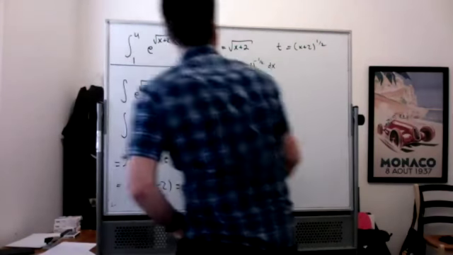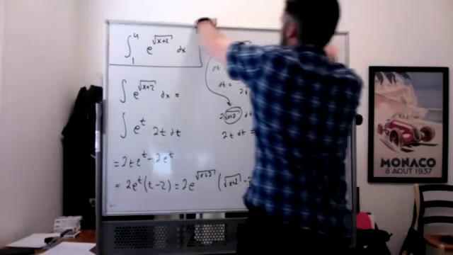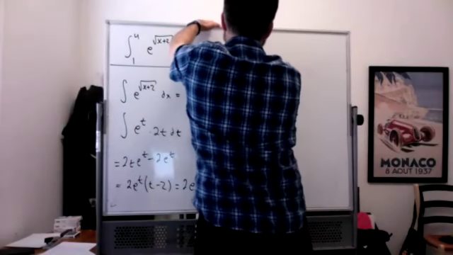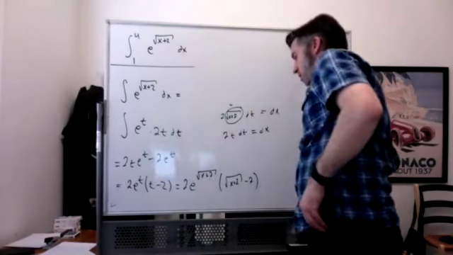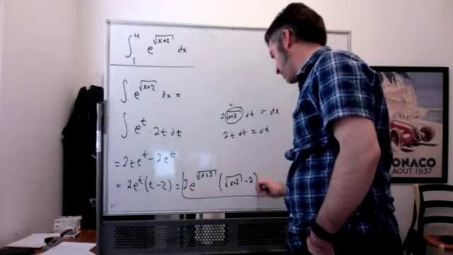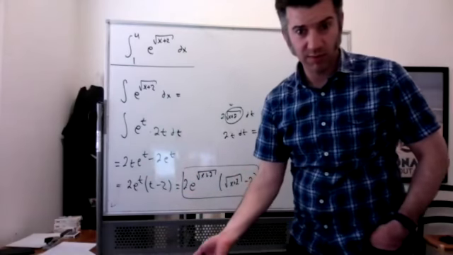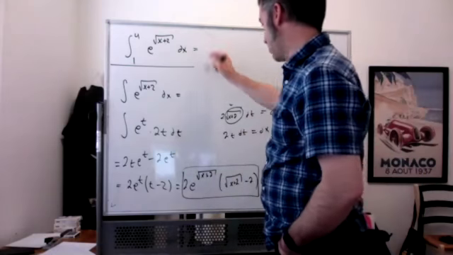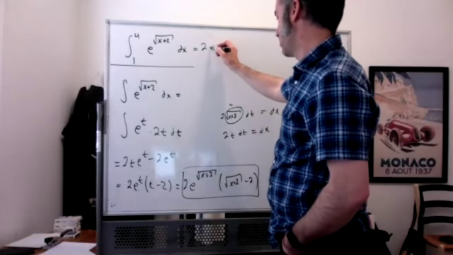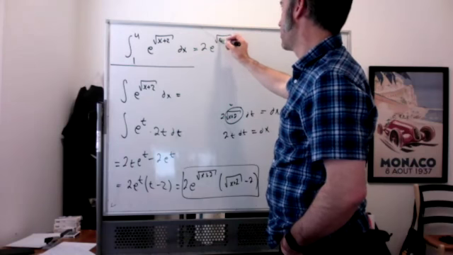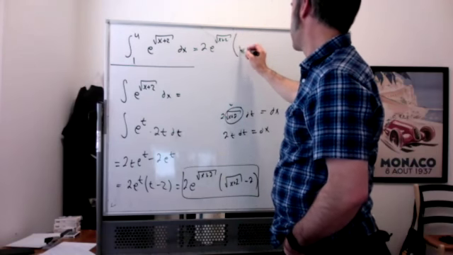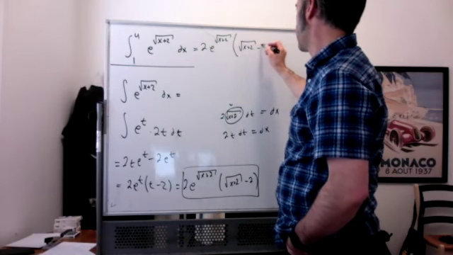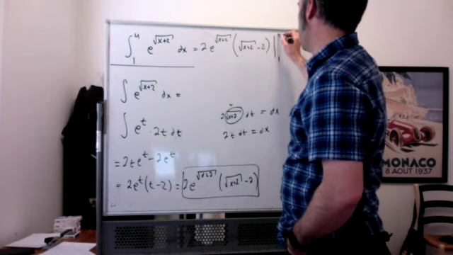So then finally, if you actually want to answer this question, our antiderivative is that, it's kind of terrible. So that's equal to that antiderivative evaluated from 1 to 4.